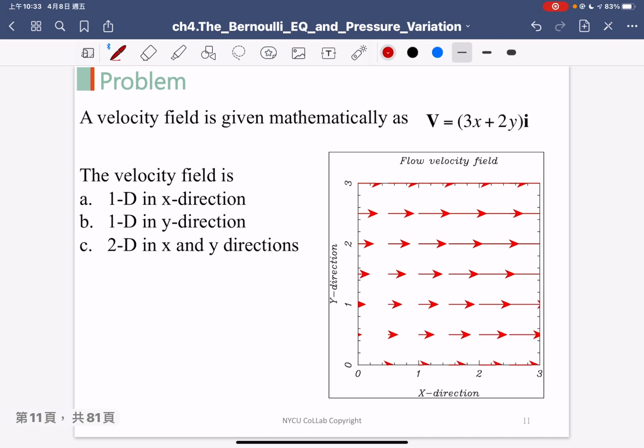So this is a very simple idea and example to figure out how we can describe the velocity field.